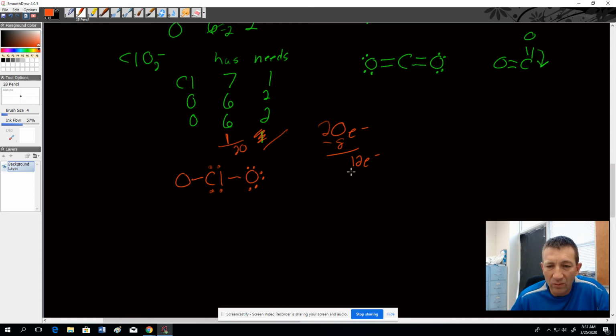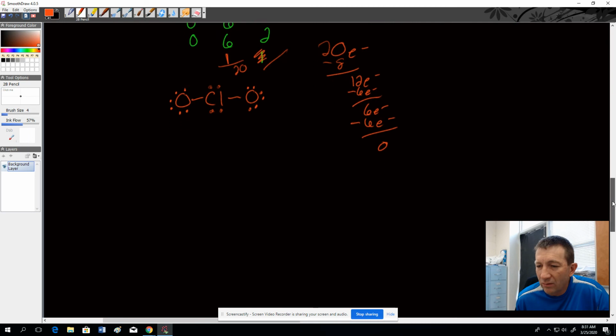So we're going to go minus 6 electrons from that one. That gives us 6 more electrons, so I'm going to put those 6 more electrons around that oxygen right there. So minus 6 electrons around that, that's going to be a total of 0 electrons. So I've accounted for everything. So that's how you do ones with polyatomic ions.